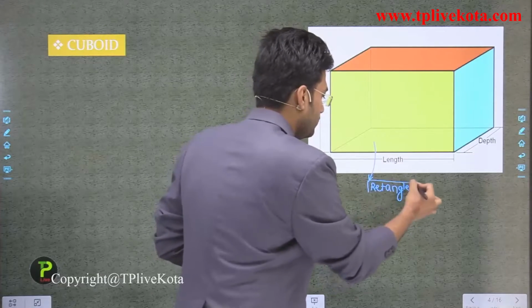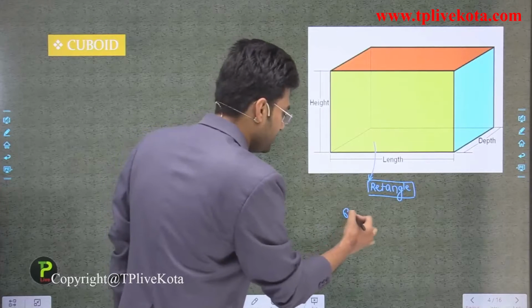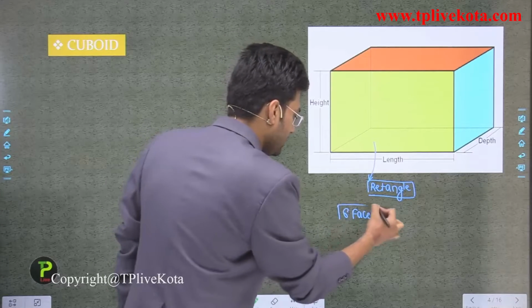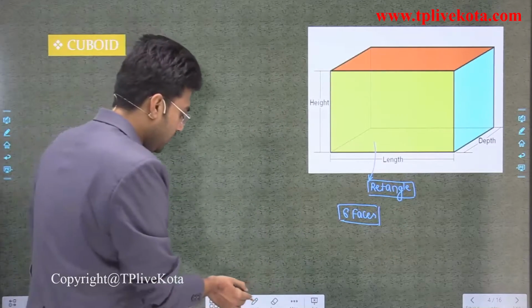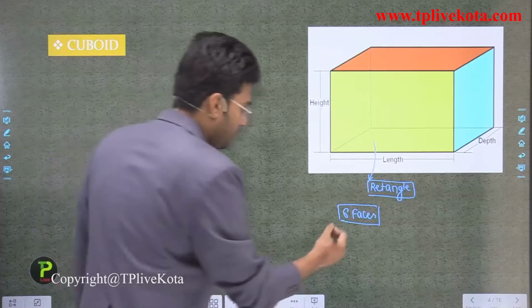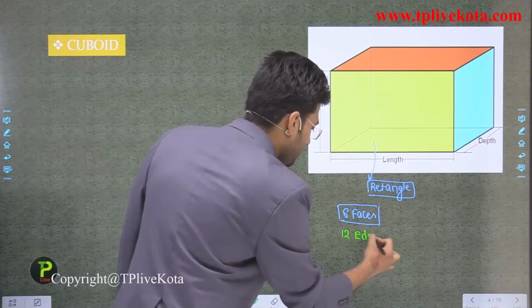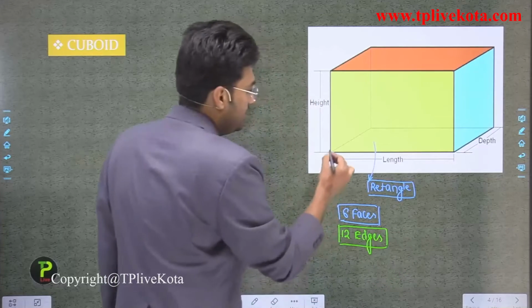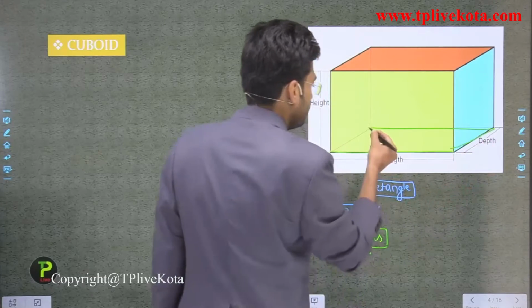So if we talk about the cuboid, we have 6 faces and all the faces are rectangles, and in the cuboid we have 12 edges, and these are the edges.